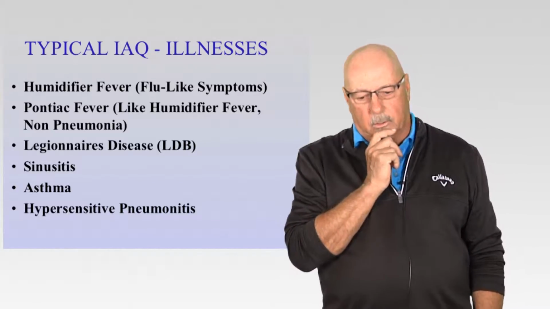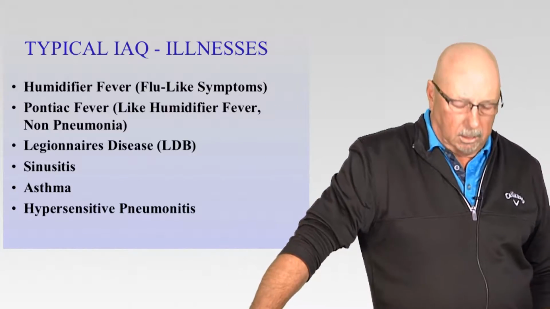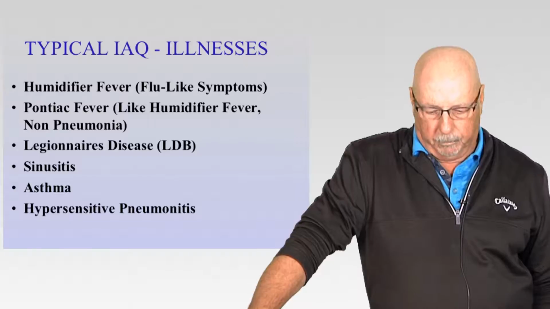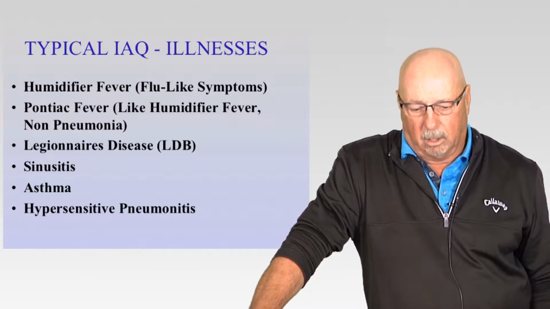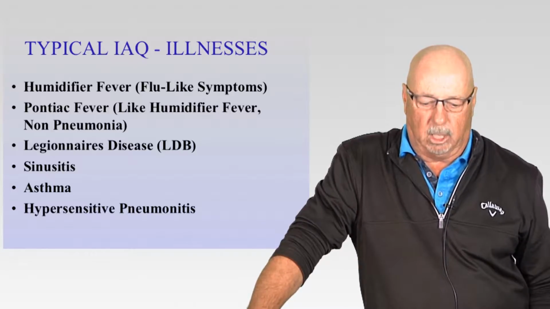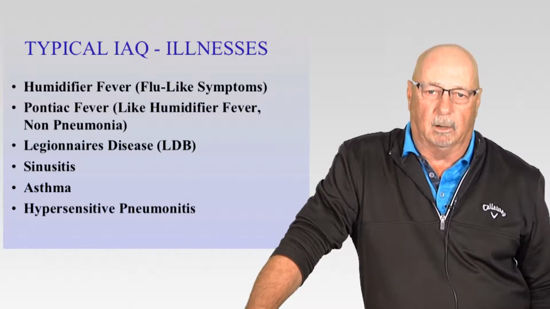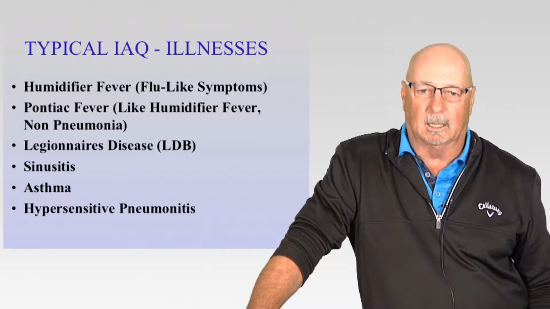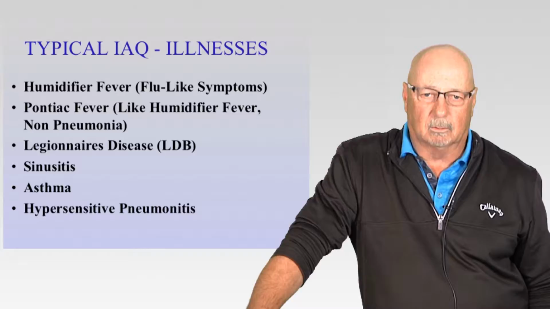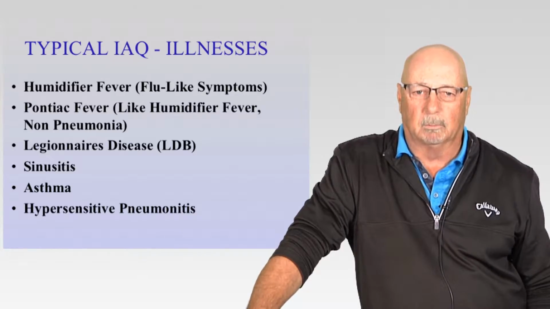If we take a look historically at indoor air quality illnesses, we can pinpoint the causes down to a number of items. One is an illness referred to as humidifier fever. Essentially with humidifier fever, you develop flu-like symptoms where, again, you could have fever, chills, nausea, vomiting, typical flu symptoms.